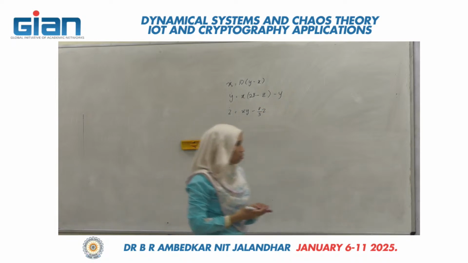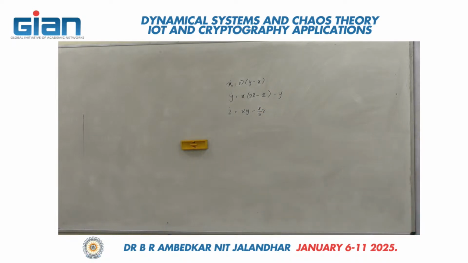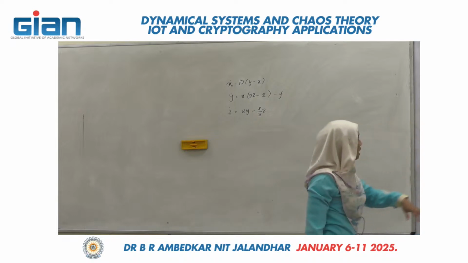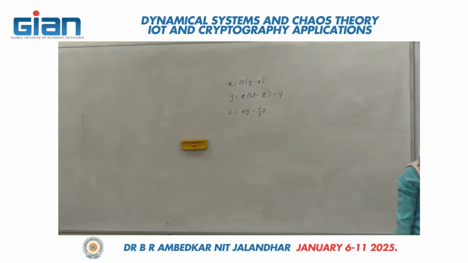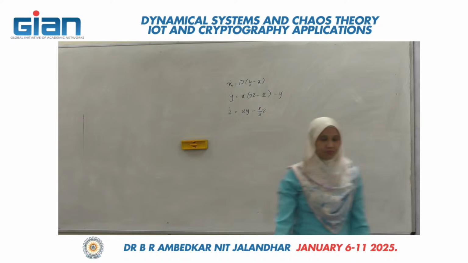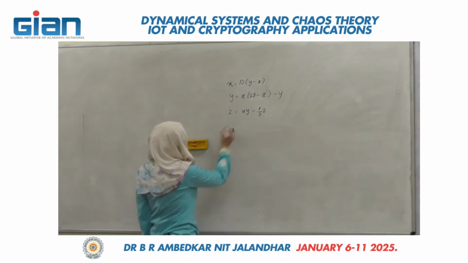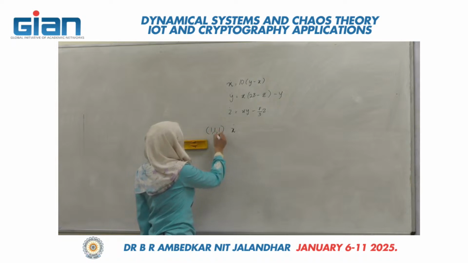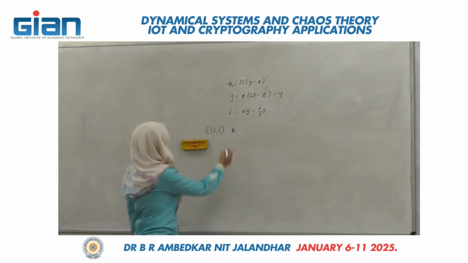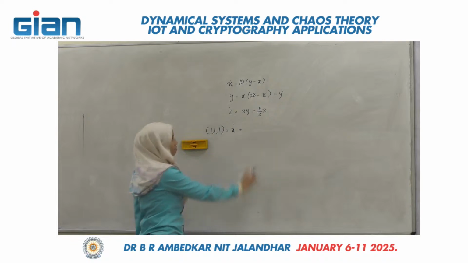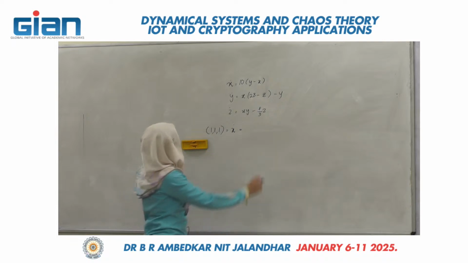Okay, so we're going to use this step for iteration. Let's say our time step is 0.01, and we use the initial condition x equal to 1, y equal to 1, and z equal to 1. With the initial condition 1, 1, 1, the time derivative of x is 0.